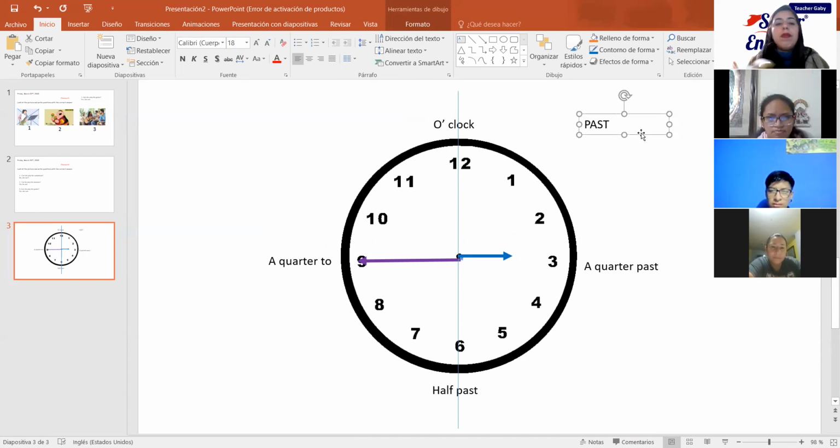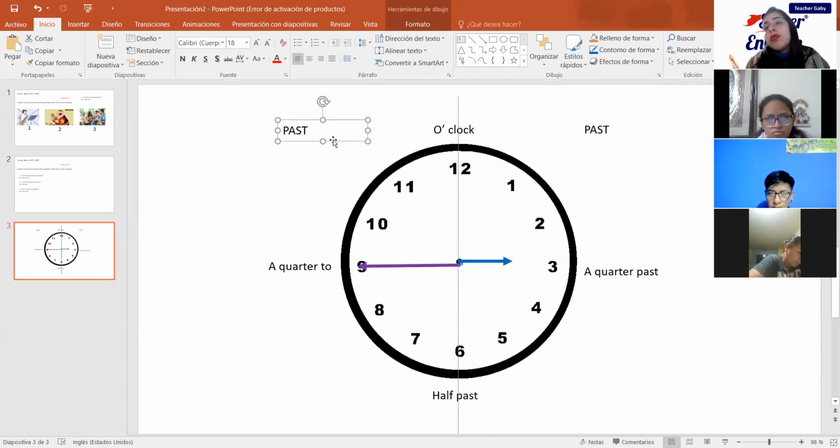Pero del lado izquierdo, no vamos a contar los minutos que han pasado, sino los minutos que faltan para la siguiente hora. Es como cuando nosotros decimos 4:45, 5:45. Vamos a usar la expresión to.